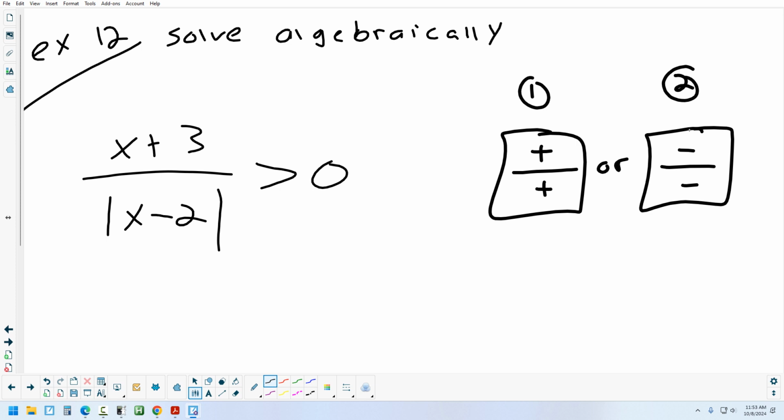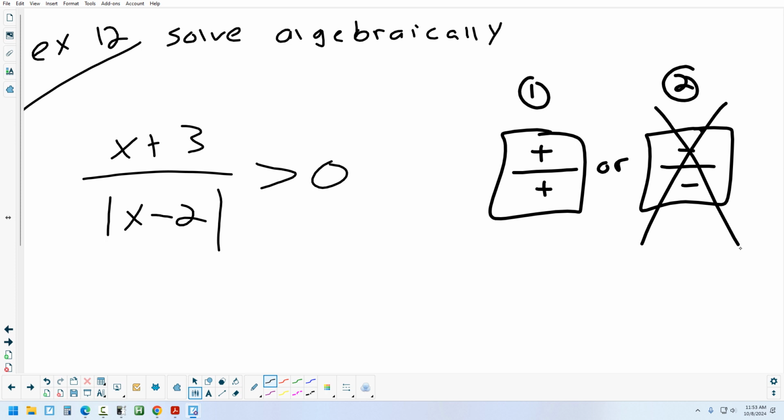Is it case 1 or case 2 that would never happen in this problem? Case 2, yeah, case 2 would never happen. Why would you never end up with a negative over a negative, no matter what you plug in for x? Because it's absolute value, so even if it's 1 minus 2, which would be -1, the absolute value would make it positive.